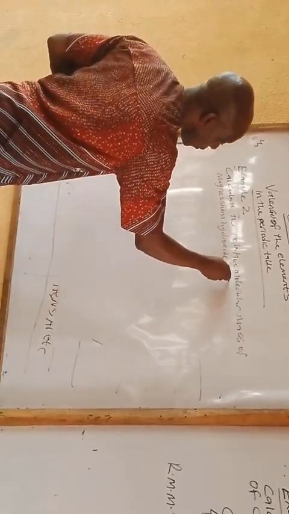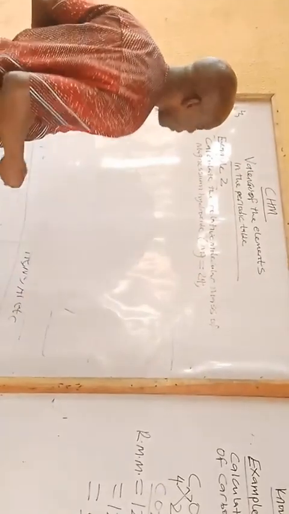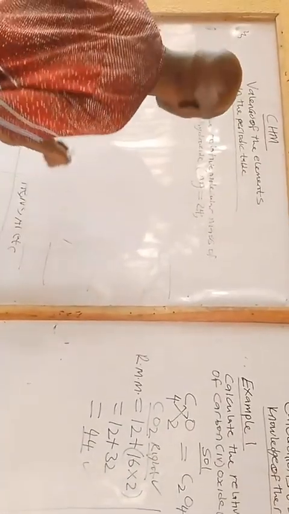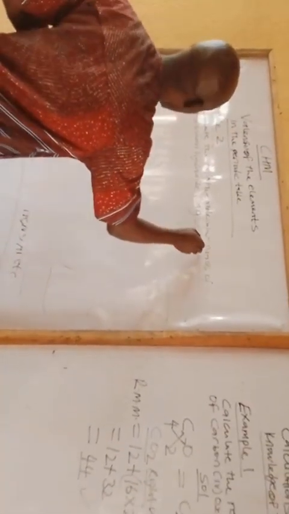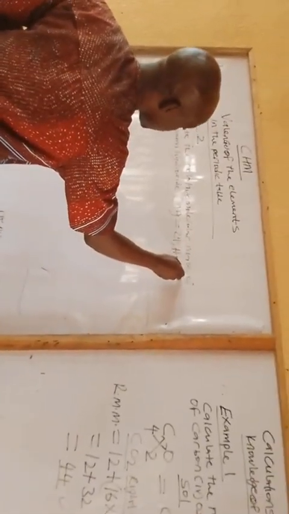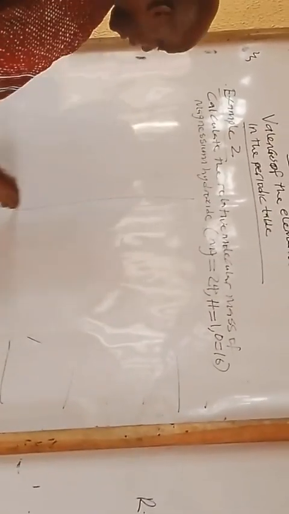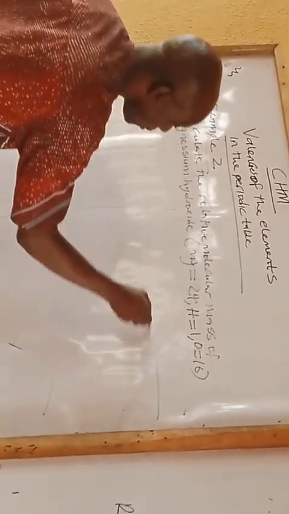Relative atomic mass of magnesium is 24. It may be given, it may not be given in some exams. Hydrogen is 1, oxygen is 16. So let's look at the wrong formula and the right formula and the implication of the result.